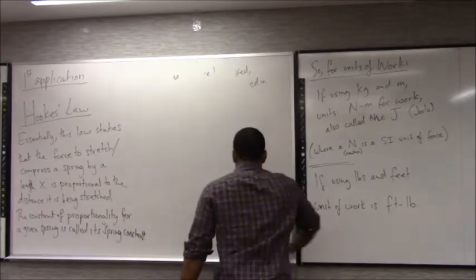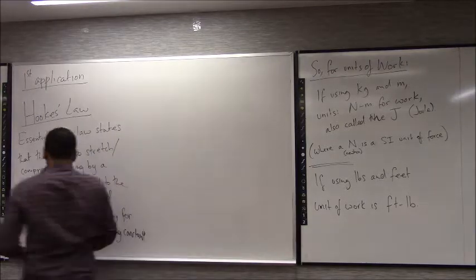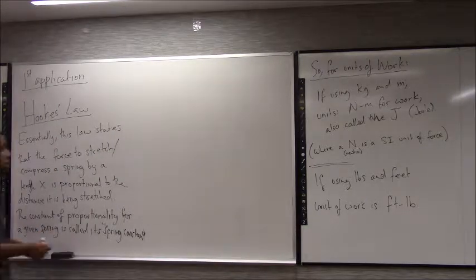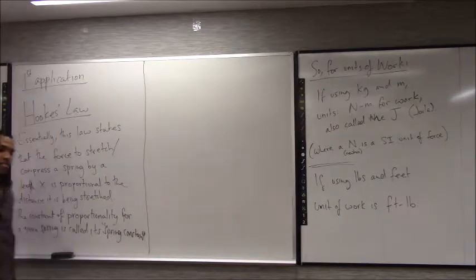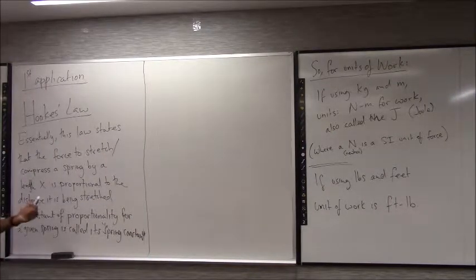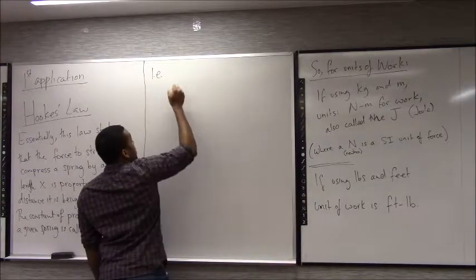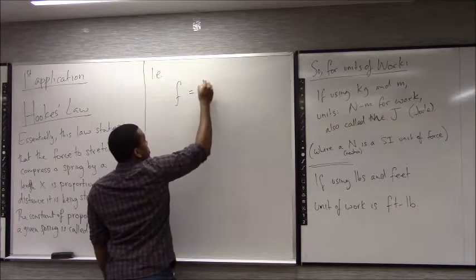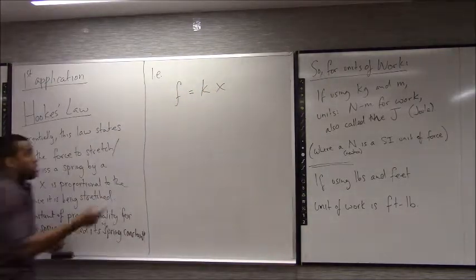You realize that the longer you're stretching the spring, the more force you'd have to apply to stretch it even further. And the force you're stretching it by will be proportional to how far you've already stretched it. Turns out that's true for a spring, as long as you don't stretch it till it's deformed and it can't recoil and go back on itself, right? The amount of force you're exerting to stretch it will always rise by a linear amount, i.e. F is equal to kx, is what Hooke's law tells us.